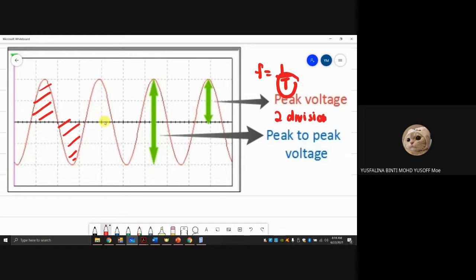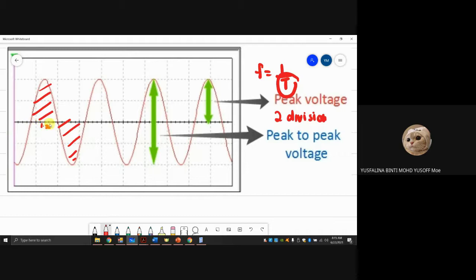Inside one division, there is a smaller scale: 0.2, 0.4, 0.6, 0.8, then you get 1. So the smallest scale here is equal to 0.2. Here is already one division, and then you have another extra 0.2, so this is 1.2 divisions. If you want to count one by one, also can: 0.2, 0.4, 0.6, 0.8, 1, 1.2.